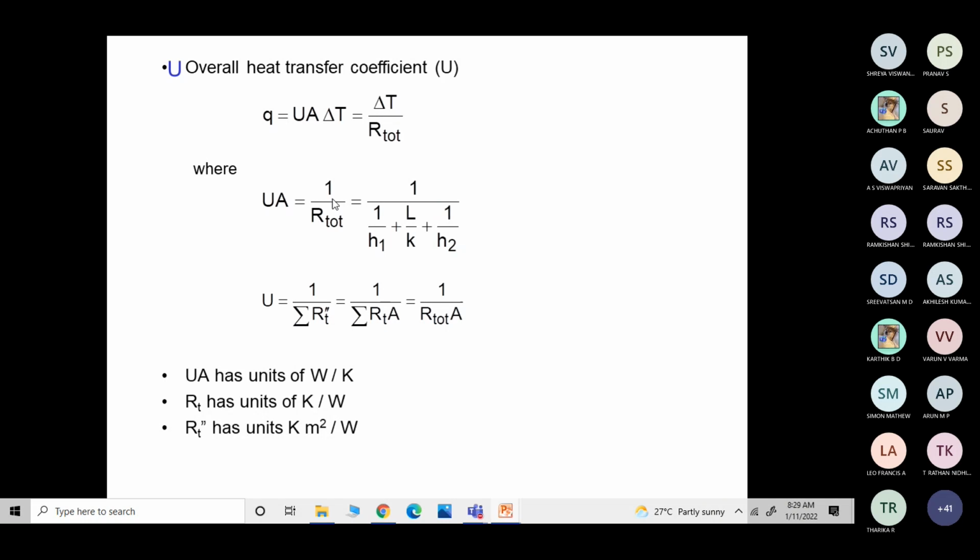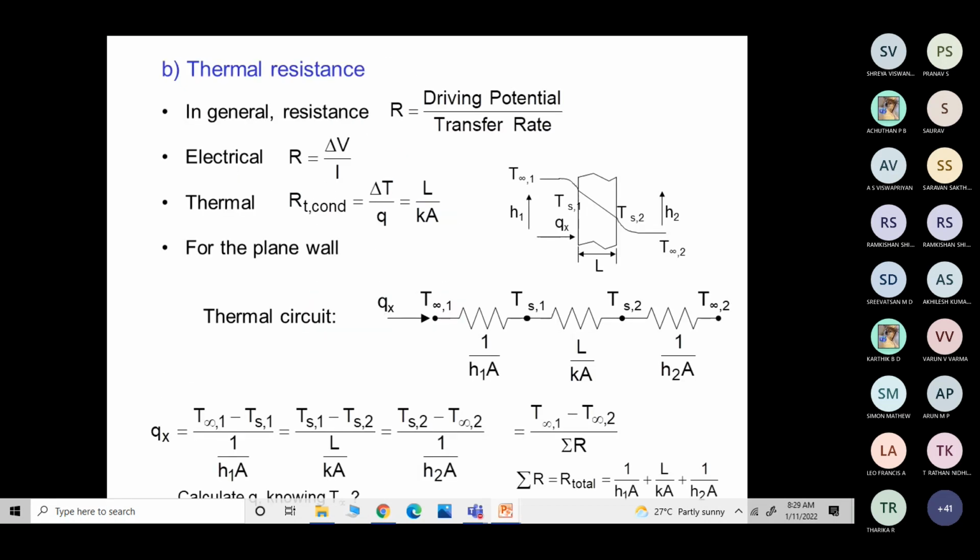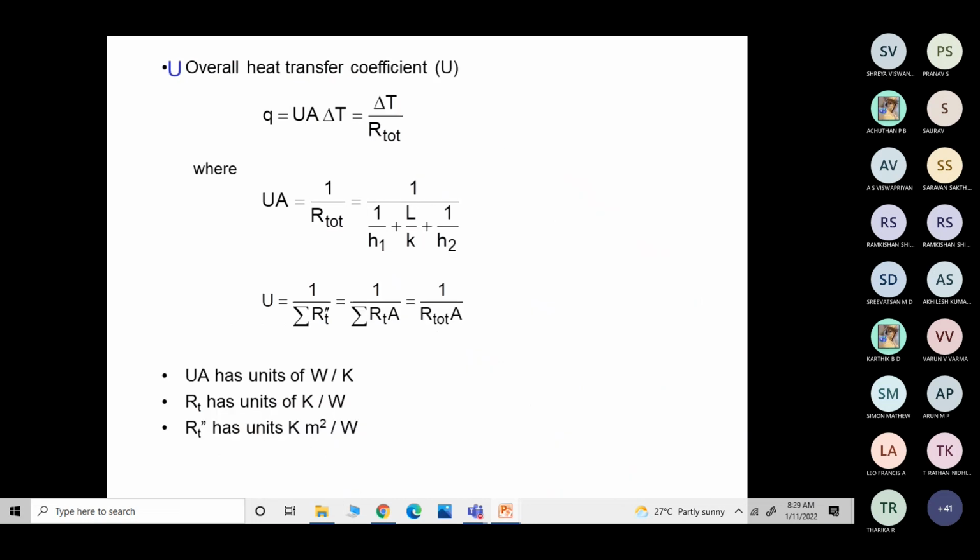Generally we will use the term overall heat transfer coefficient, given by capital U, instead of the convective resistance inside, convective resistance outside, and the conductive resistance. Is it fine, students?